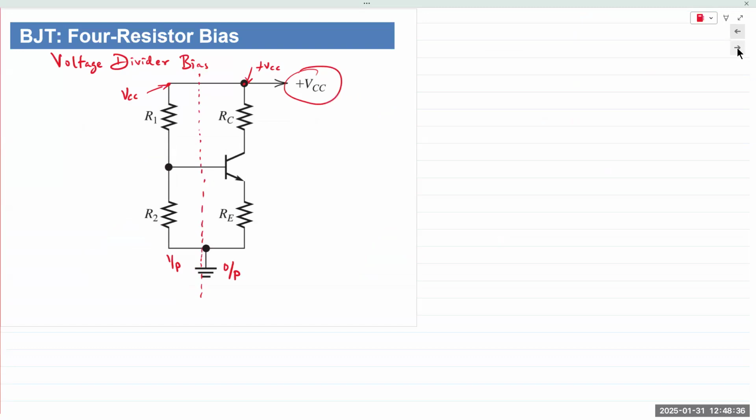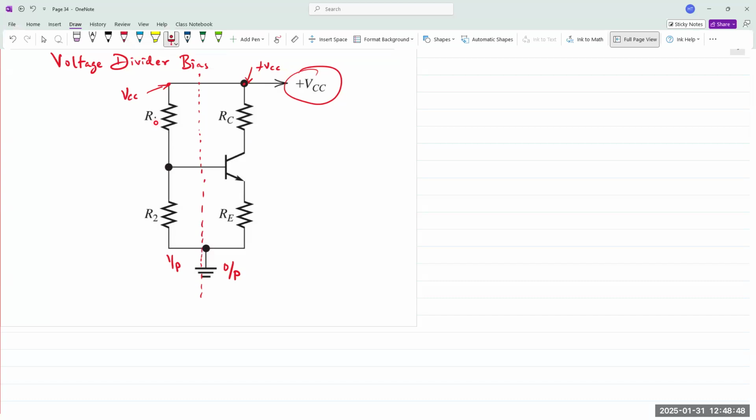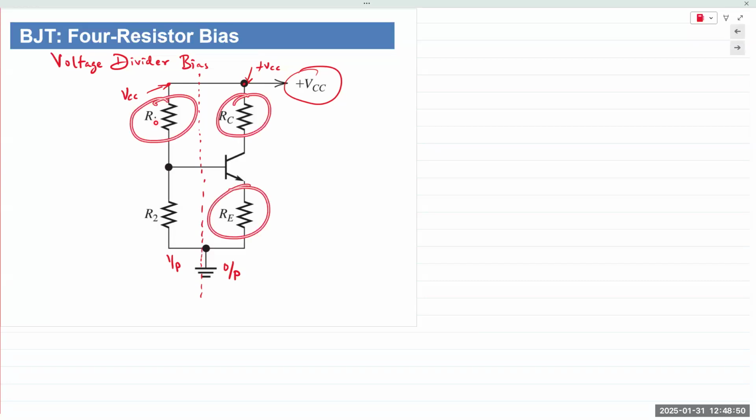And so there is a very popular biasing design known as the 4-resistor bias. The 4-resistor bias is so called because you use 4 resistors in that circuit. One at the collector, one at the emitter, and 2 at the base.